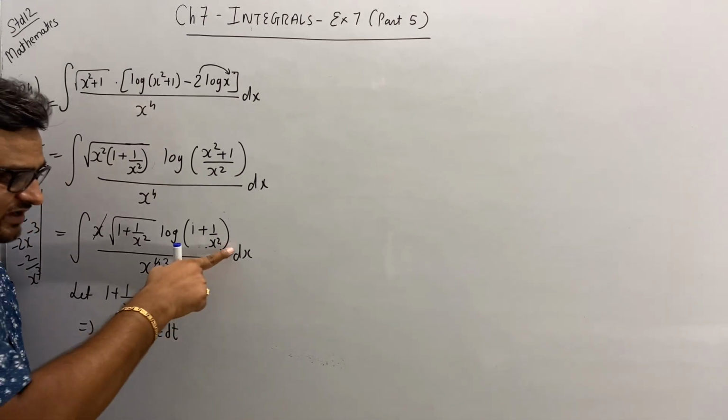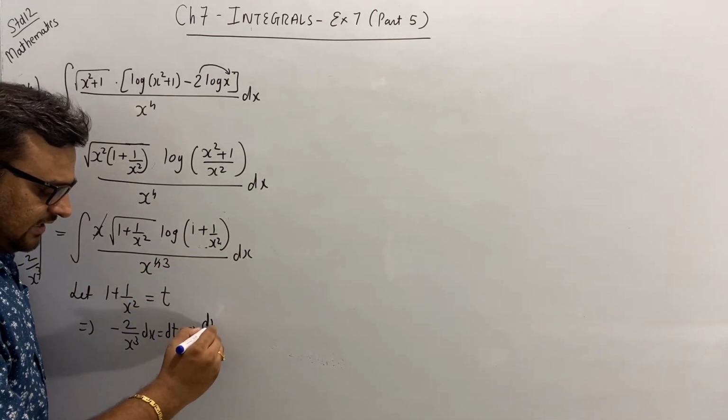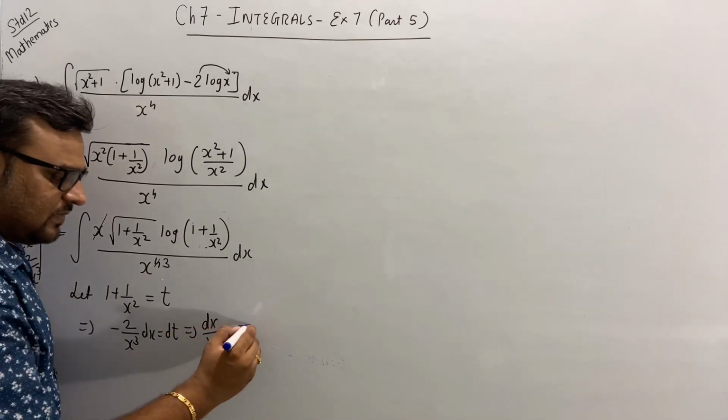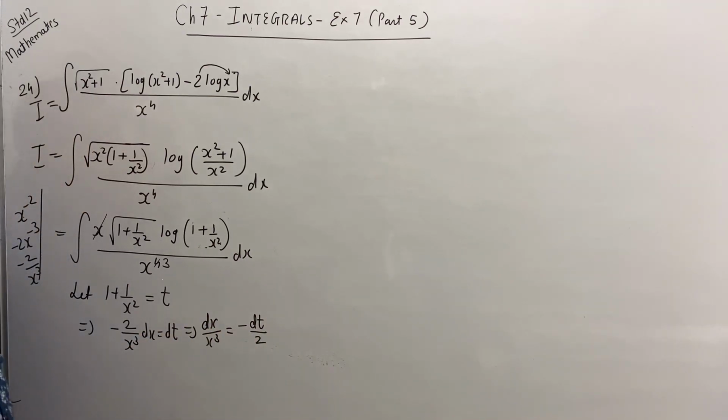We already have dx upon x cube, so dx upon x cube will be equal to minus dt by 2.